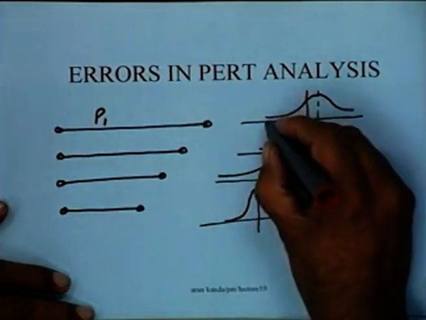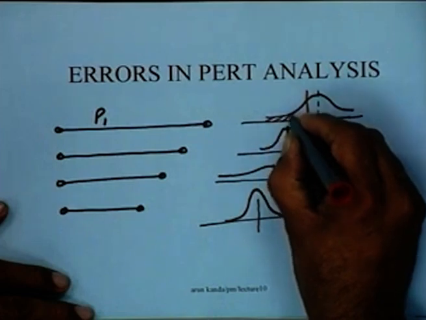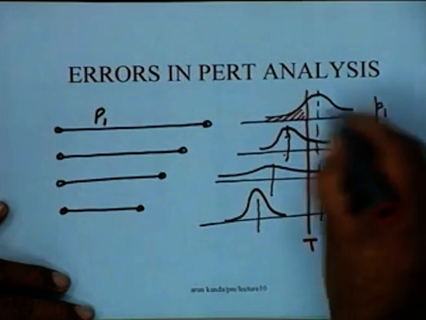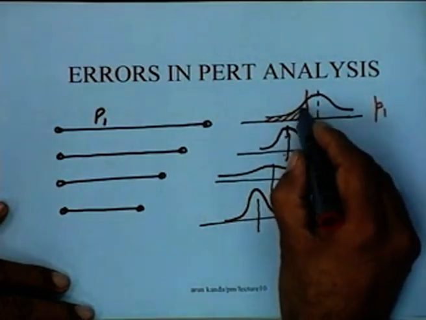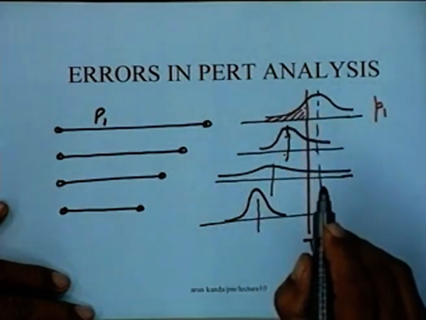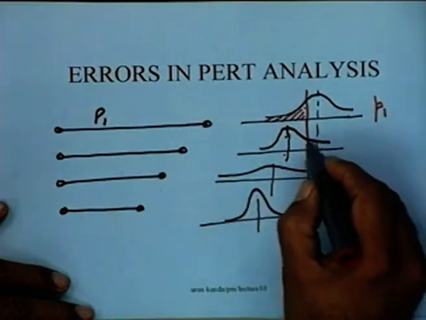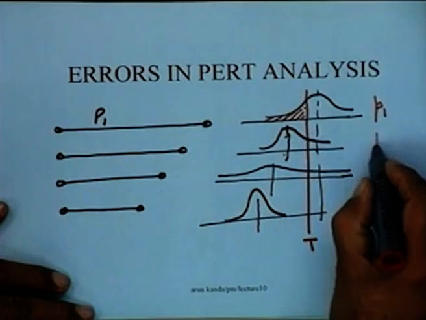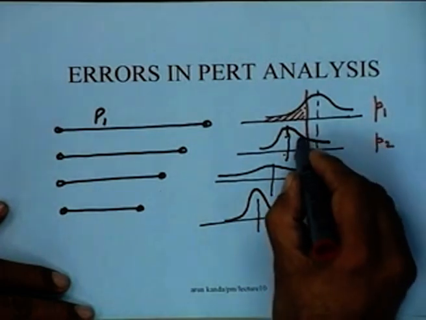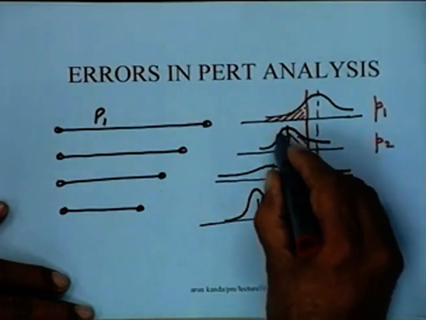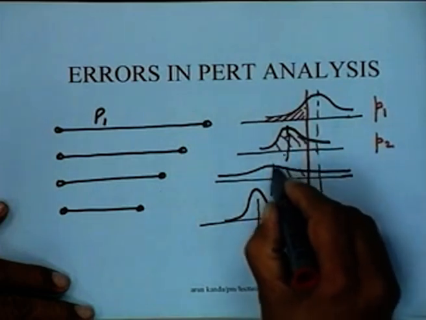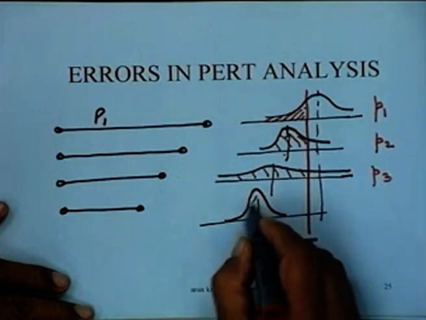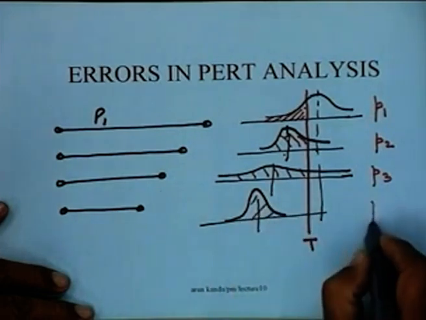In the standard PERT analysis, all that we say is that this is equal to the probability P1, which we compute by a standard normal distribution, given by this area. Now if you take this path, corresponding to this path also there would be a certain probability. This would be P2, which is actually this area.